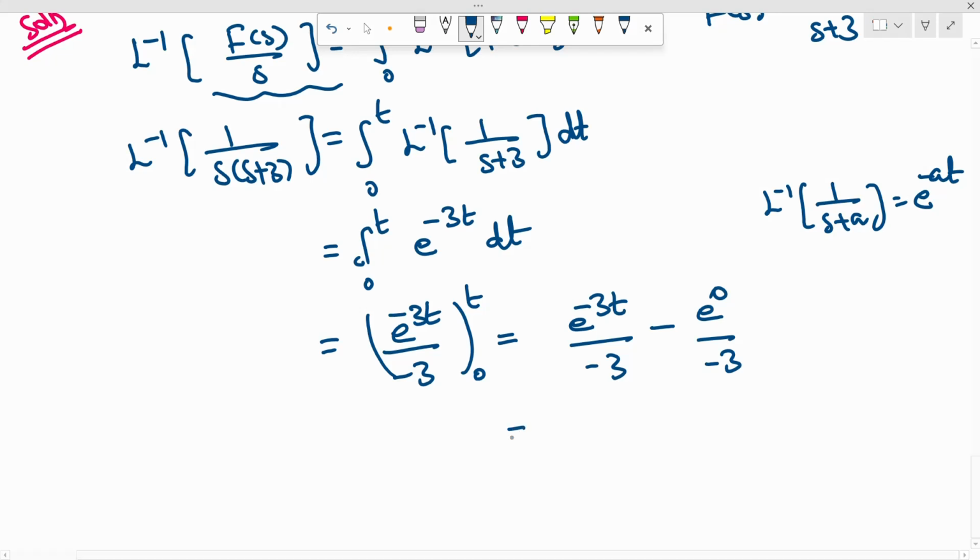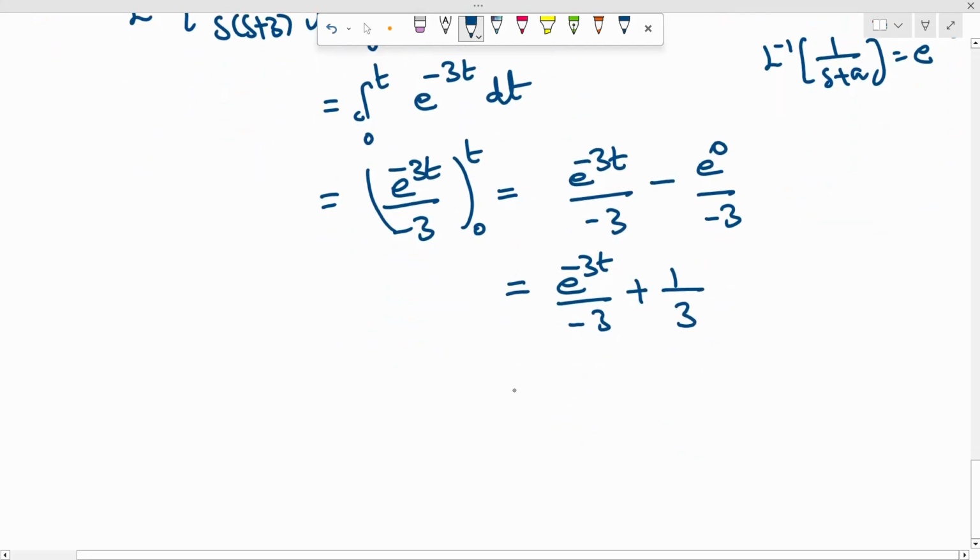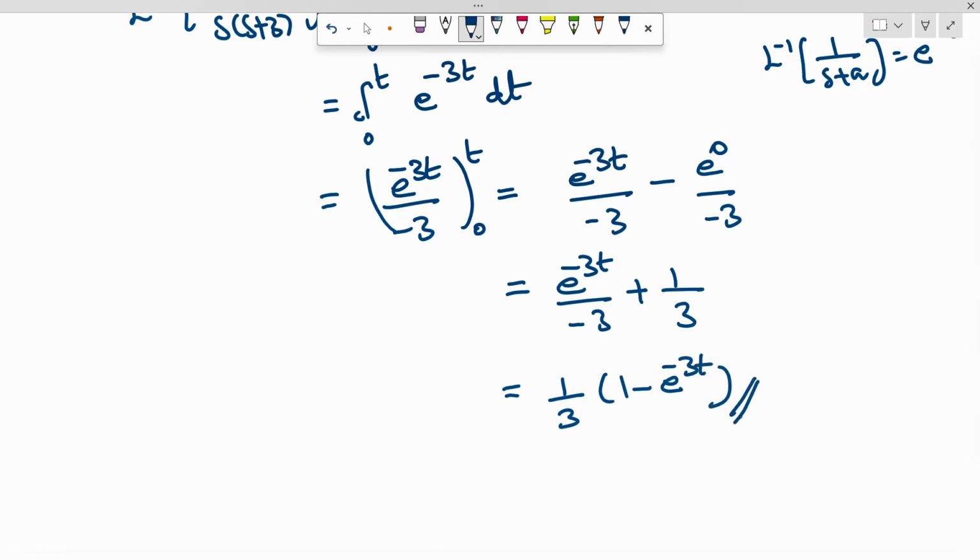Minus and minus make plus, and e power 0 is 1, which gives 1 by 3. Taking 1 by 3 common from these two terms, we get 1 minus e power minus 3t, which is the correct answer.